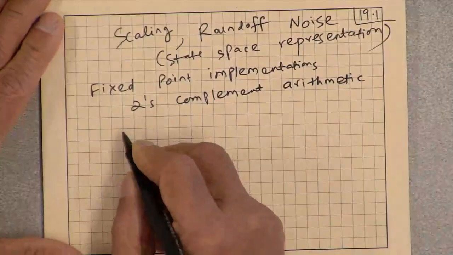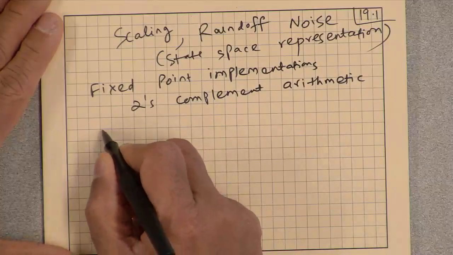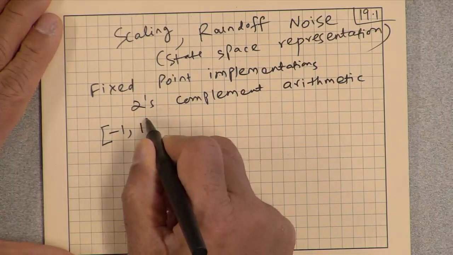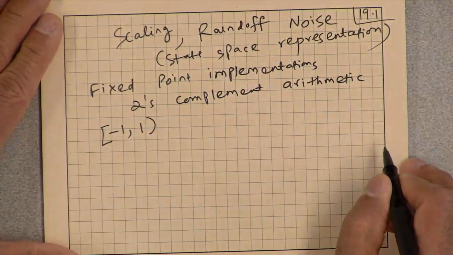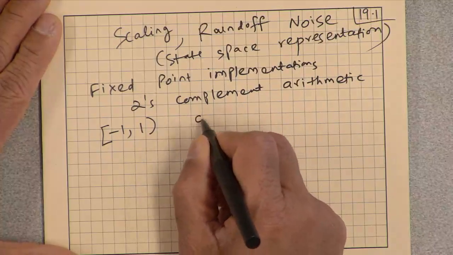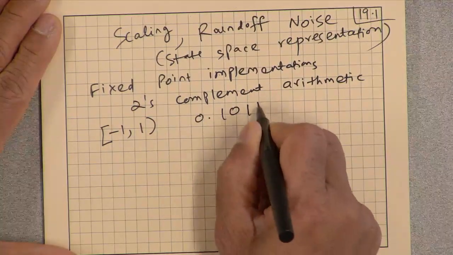And so we can assume a typical representation in 2's complement arithmetic with dynamic range between -1 and 1 would be, for example, 0.1011.